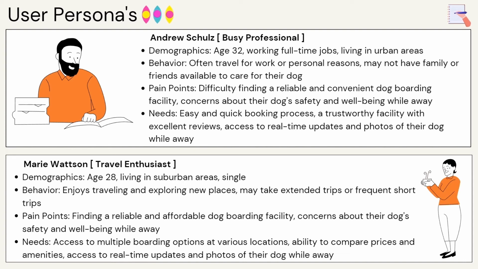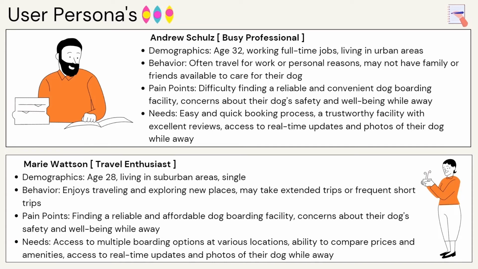So for my user personas, I have two main distinguished categories. One of them is a busy professional named Andrew Spells, and the second one is Mary Watson. Andrew Spells is a 32-year-old guy working a full-time job, living in the urban area of Toronto.